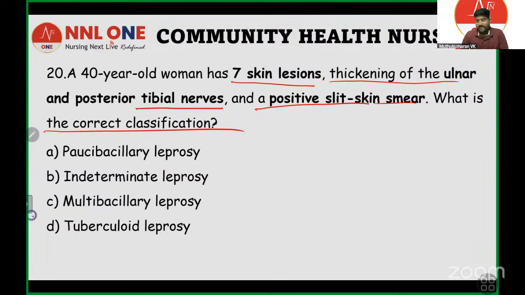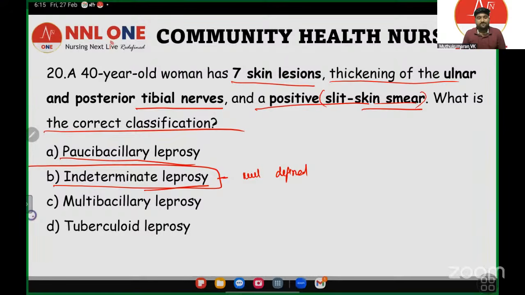If it is between 1 to 5 lesions, no nerve involved, then it is paucibacillary leprosy. What about intermediate leprosy? When there are a few well-defined hypopigmented patches with minimal nerve involvement, but the slit skin smear will be negative, then it is intermediate leprosy.